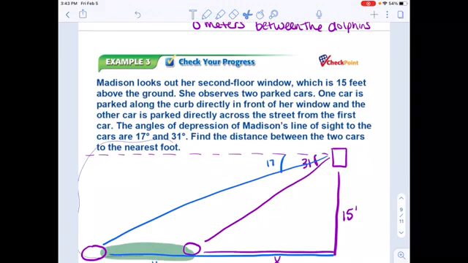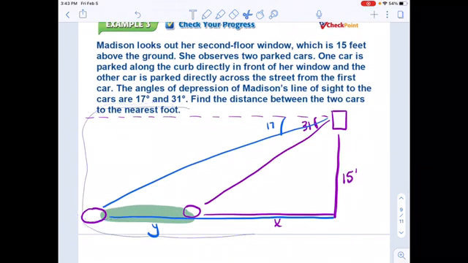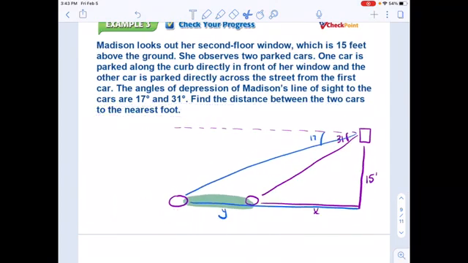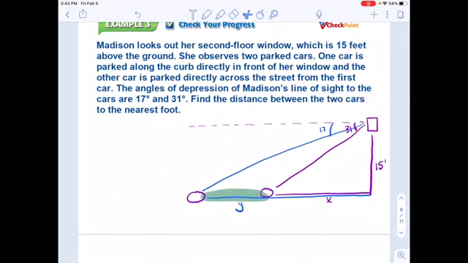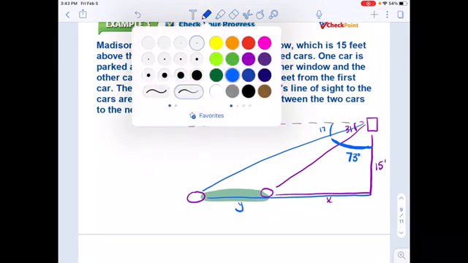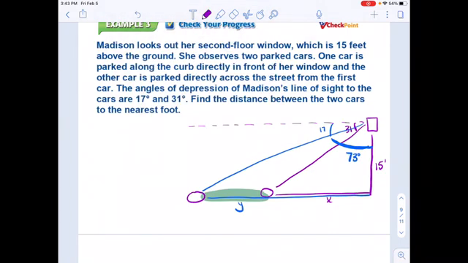Okay, so let's actually shrink this down. And then I'm going to once again find the remaining complement here. So we take 90 minus 17 and we get 73 degrees. I'm going to use that. And then I take 90 minus 31, I get 59 degrees. And I will use that.